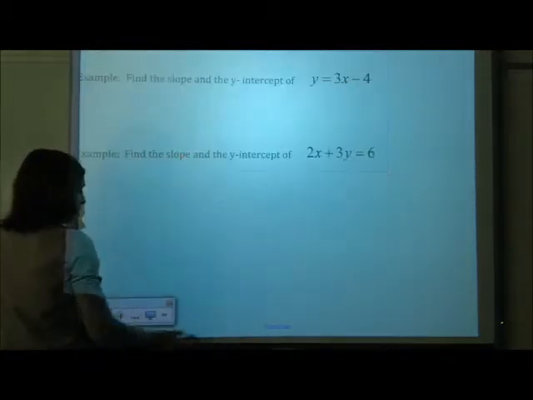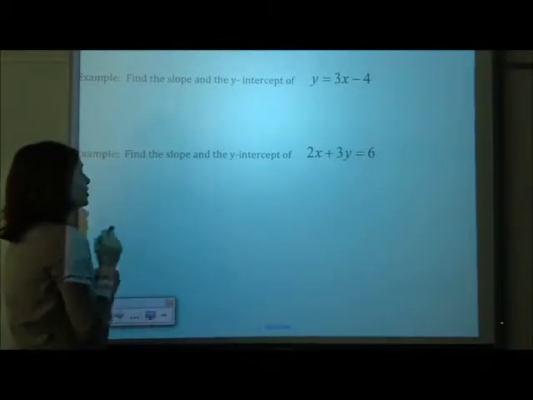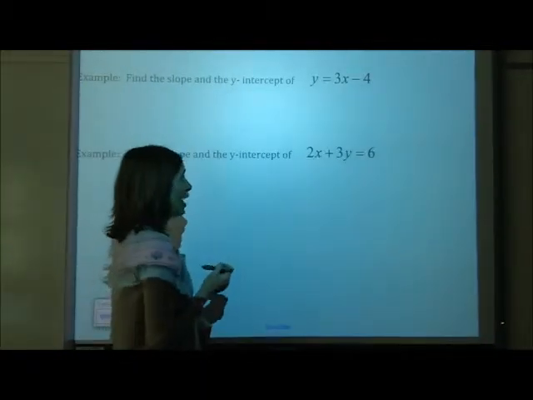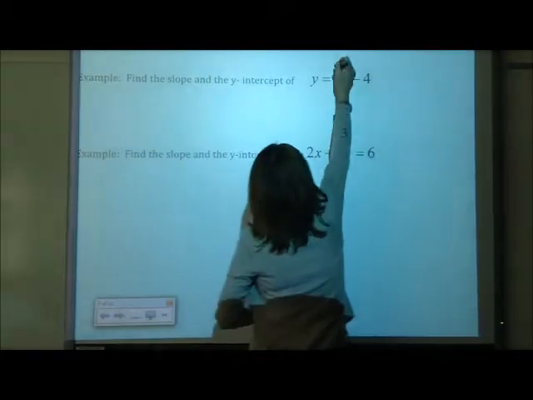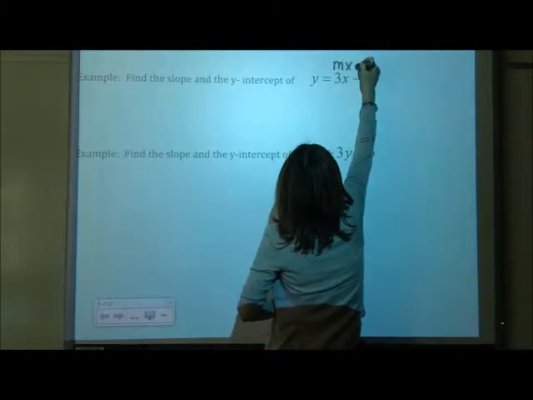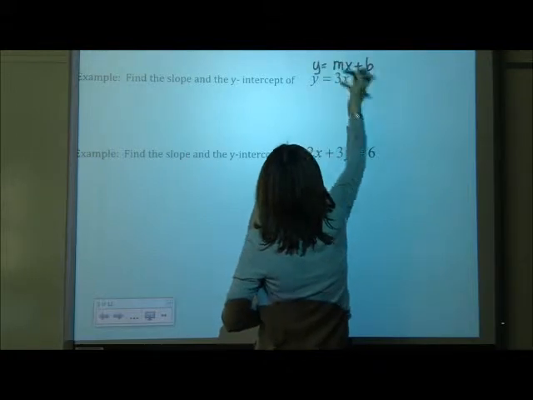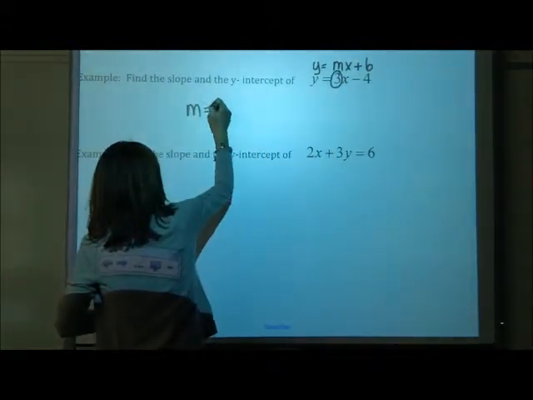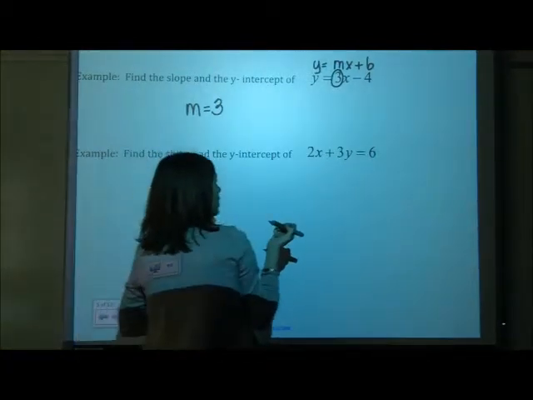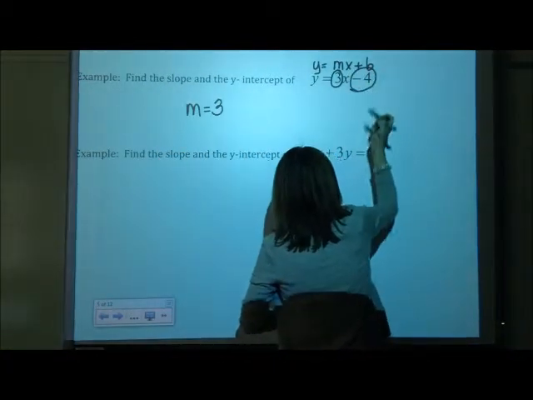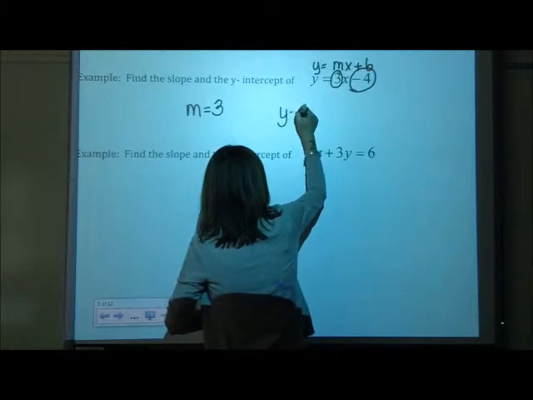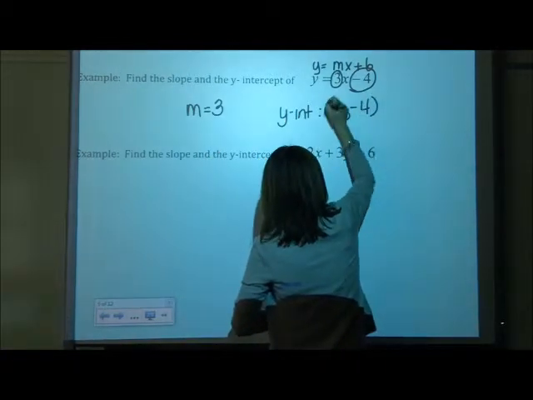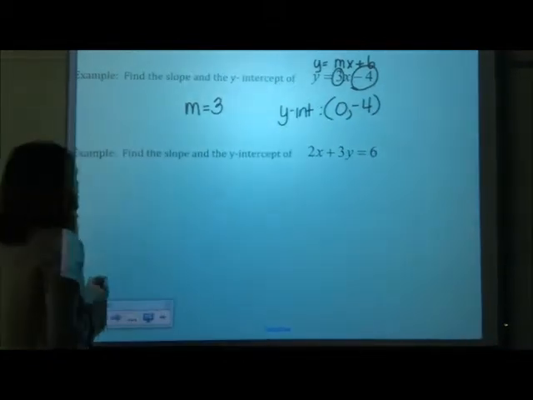We can actually look at an equation, like the first one, find the slope and the y-intercept of y equals 3x minus 4. We can look at it and identify our slope because it takes on the m in the equation. So my slope is 3. So m equals 3. My y-intercept is negative 4. So we would write that as (0, -4). Okay? All right, let's look at the next one.